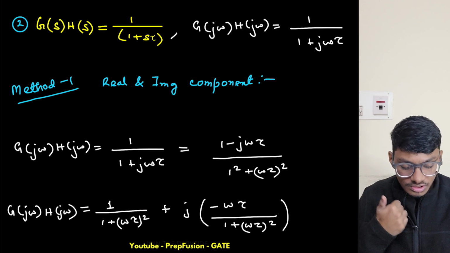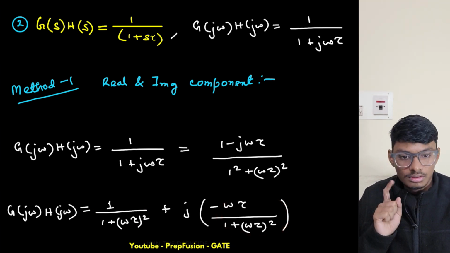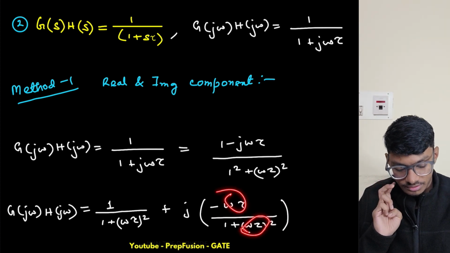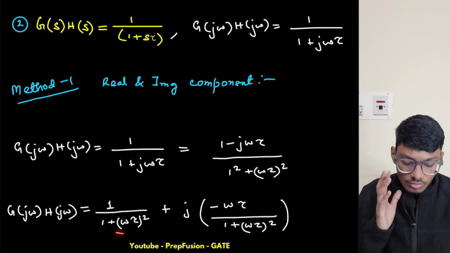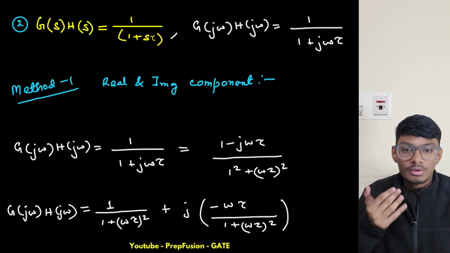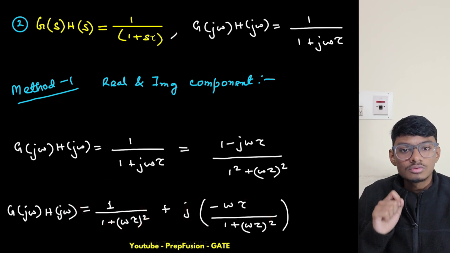And at omega goes to infinity, what is happening? My real component is basically 0 itself, because this is omega square and this becomes 0. So at omega equals to 0, my real component is 1 and my imaginary component is 0. And at omega equals to infinity, my real component is 0, my imaginary component is also 0, right?